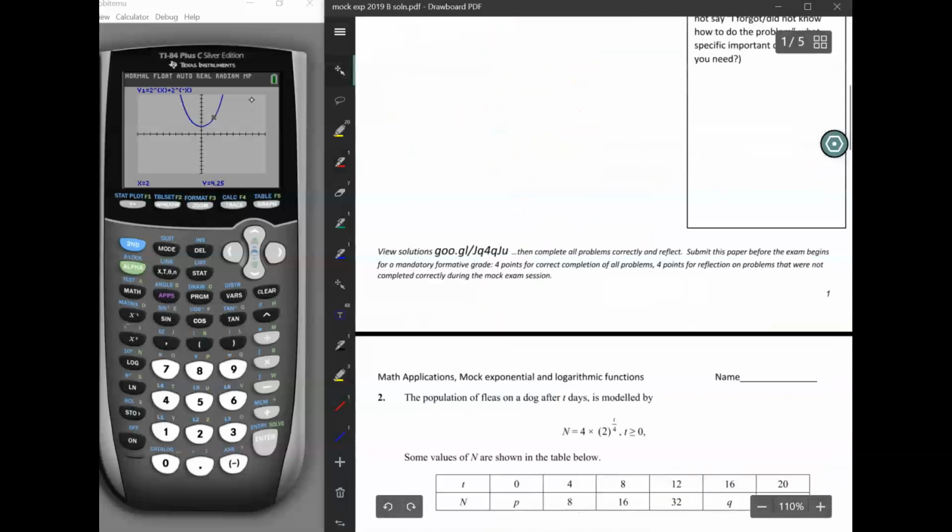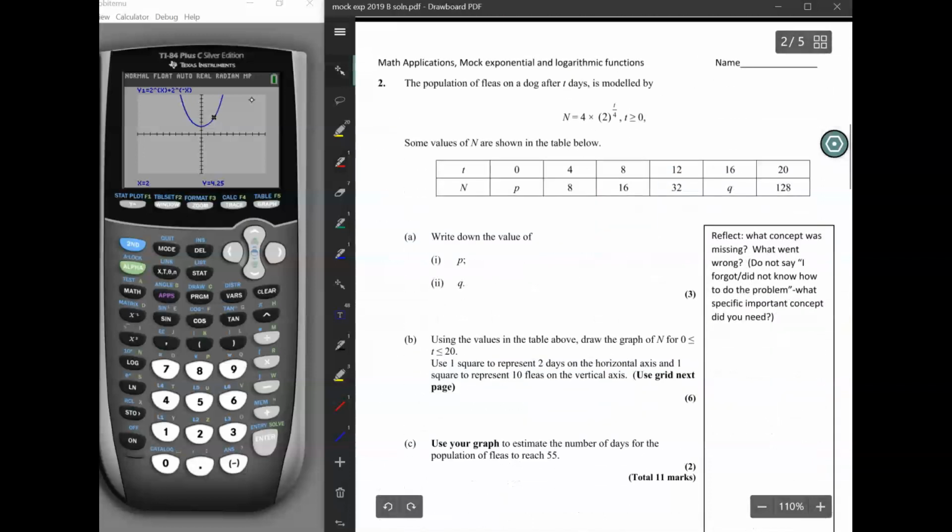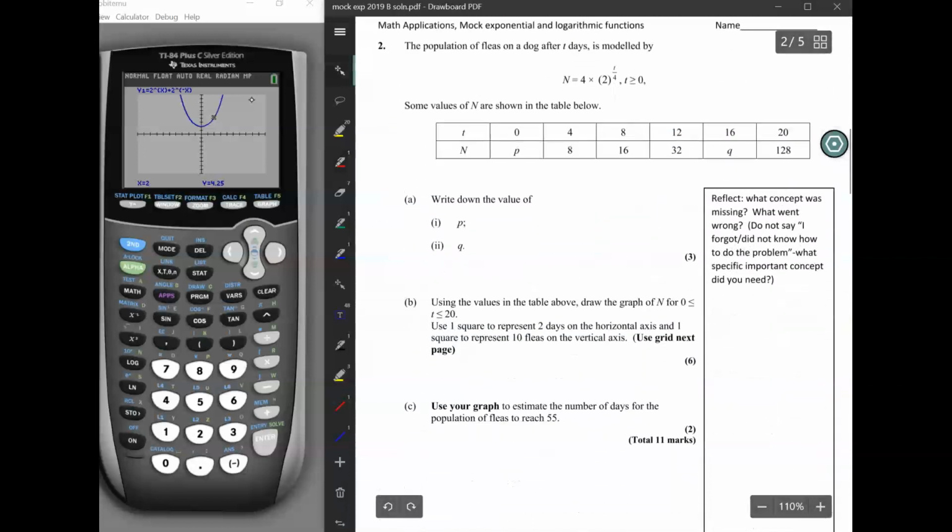Let's go to number 2. Number 2, the population of fleas on a dog after t days is modeled by this function. And here they have an n value and they have a t value. They tell us that, well, they don't actually say that the n value is the number of fleas, but they do say that the population of fleas is modeled by the function n.